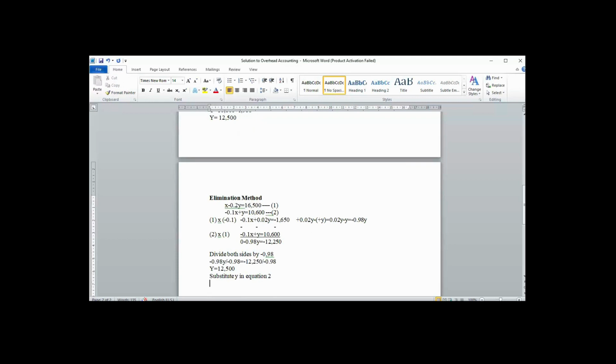We can now say, what's our equation 2, please? Minus 0.1x plus y is equal to 10,600.